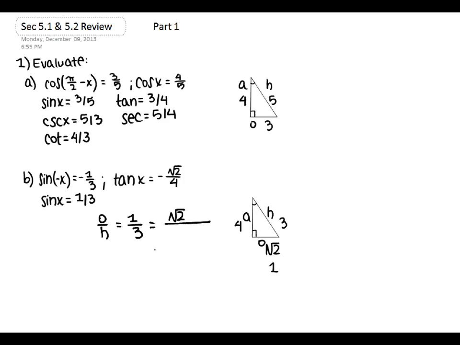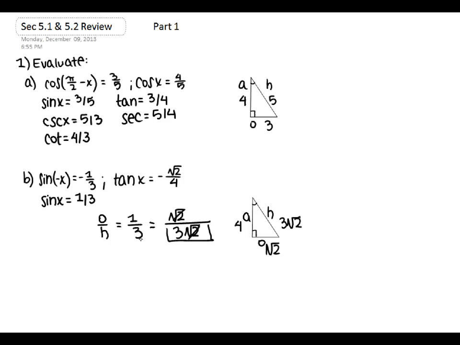So to get a 1 in the numerator, you have to cancel the √2, so you need a root 2 here to cancel. And then you need a 3 in the denominator. So this hypotenuse will be 3 root 2, okay?